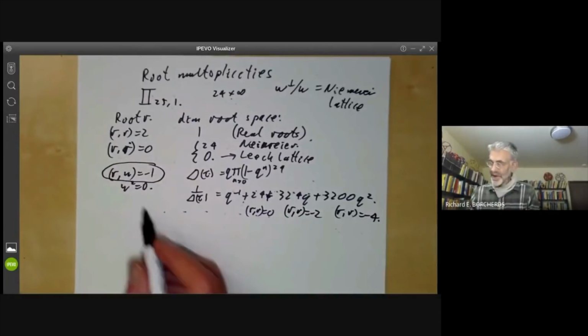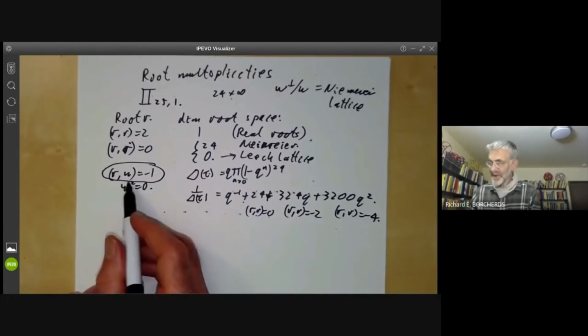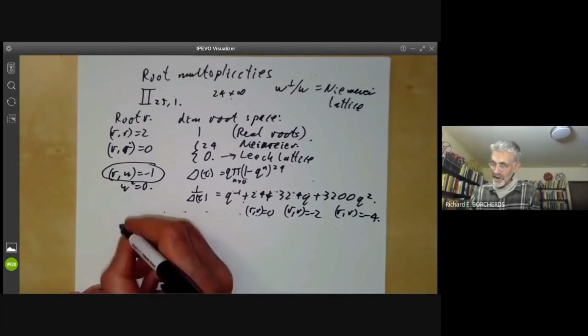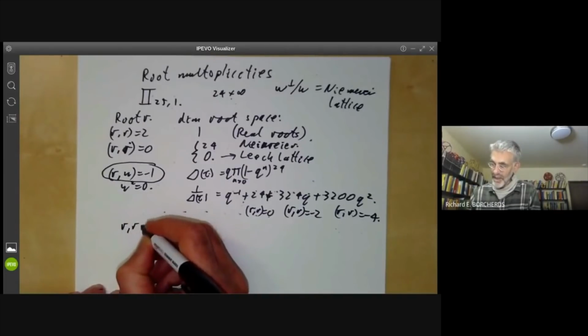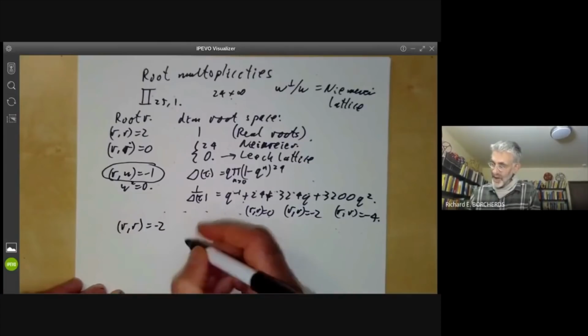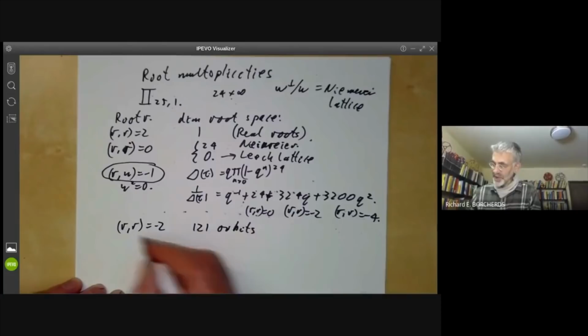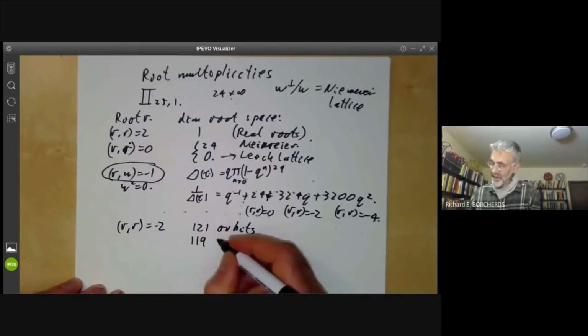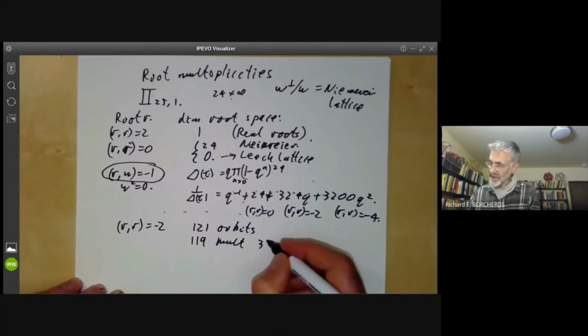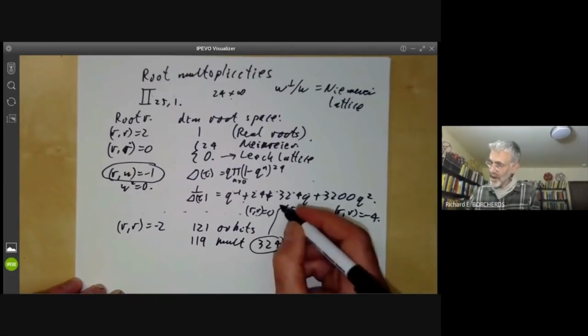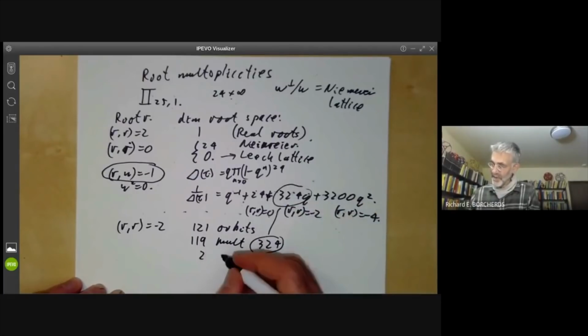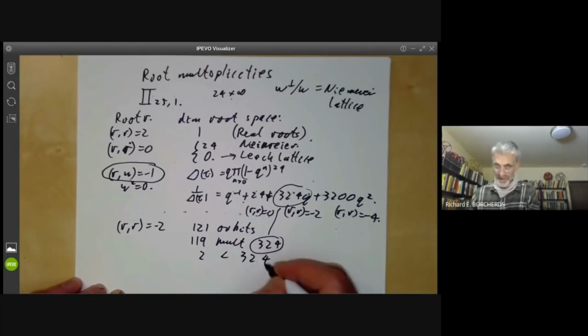And I tried calculating the multiplicity for other roots r. So if r is -2, it turns out there are 121 orbits of such roots, and 119 of them have multiplicity equal to this number 324, and 2 don't. 2 have multiplicity less than 324.